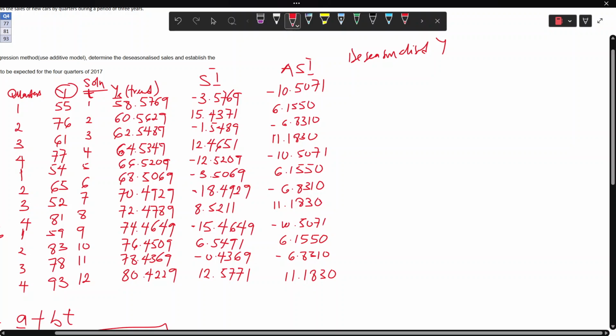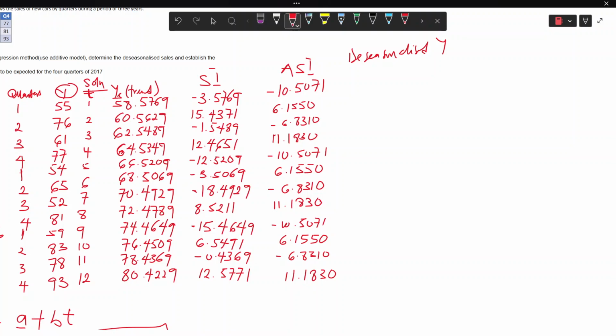So for the first value, we have 55 minus, but because there's already a minus here, it will be 55 plus 10.5071. So we're going to get 55 minus minus, which is giving us positive, 55 plus 10.5071, giving us 65.5071.